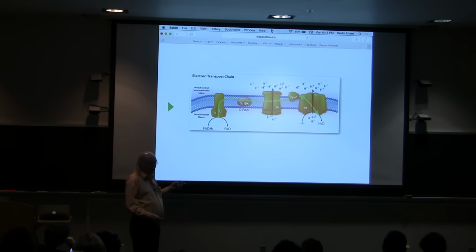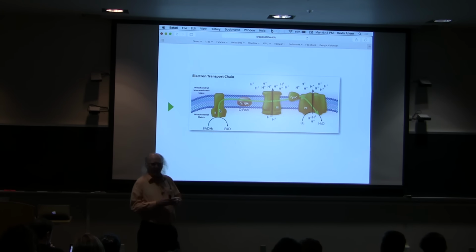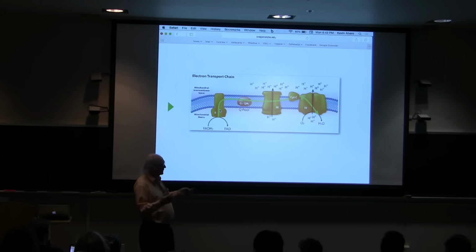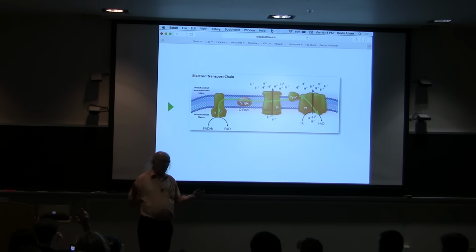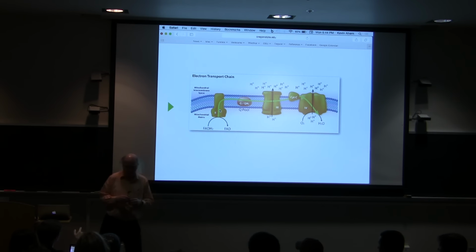I had a question from a student on the eCampus today: how come there are no protons pumped here, but you get energy from FADH2? And the answer, of course, is because the electrons ultimately make it to these two and still generate a proton gradient. It doesn't generate as many protons, but it does generate some.